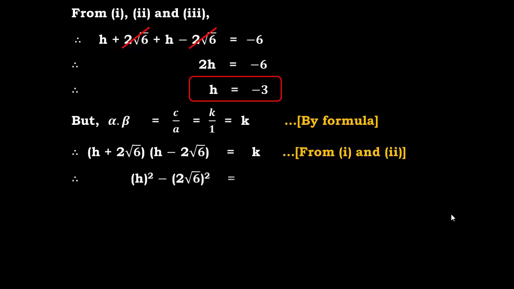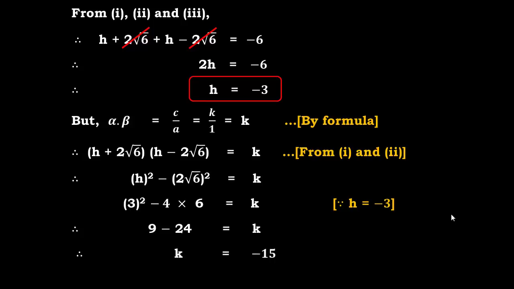So h square minus (2 root 6) the whole square is equal to k. h square, h is minus 3, the whole square, and (2 root 6) square: 2 square is 4 and root 6 square is 6, so 3 square is 9 minus 24. So 9 minus 24 will become minus 15. So the answer: value of k is equal to minus 15. So you can write the final answer: h is equal to minus 3 and k is equal to minus 15.